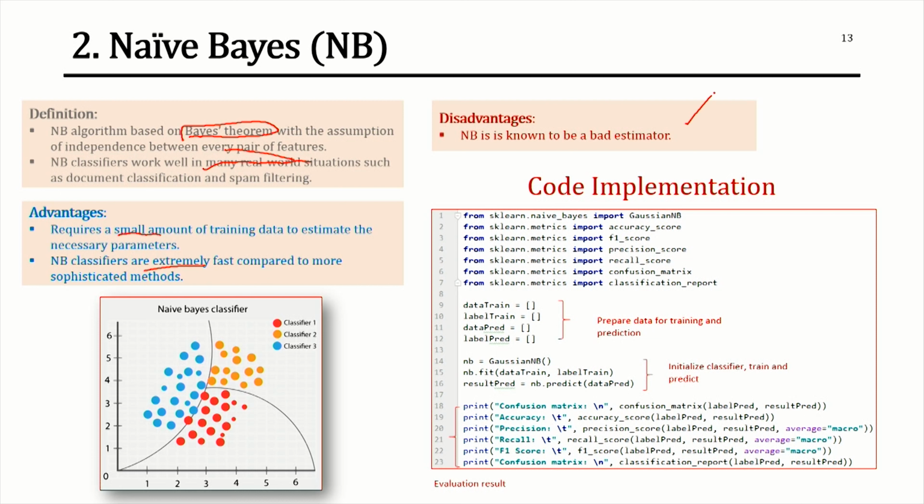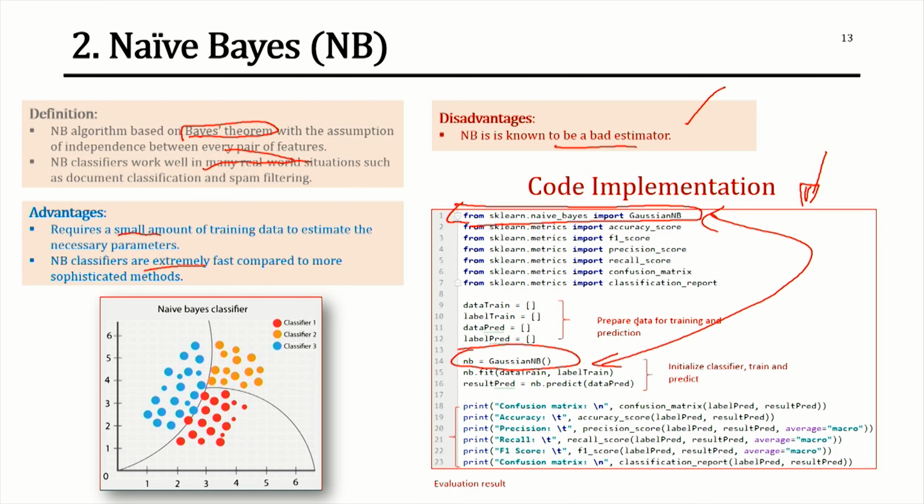However, the disadvantage of this Bayes classifier is that it is known to be a bad estimator. Next, we take a look at code implementation. The difference between how we use different techniques is where we import the classifier as well as how we initialize it, and the other processes work the same way.